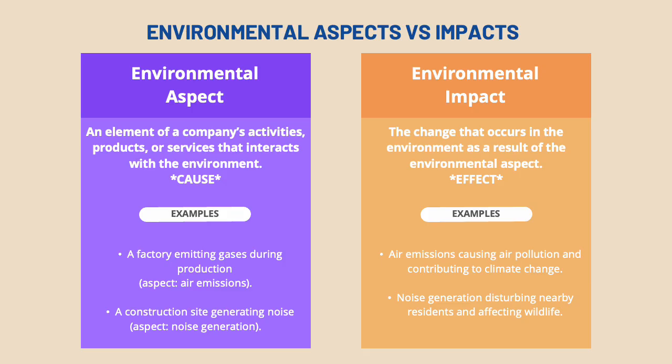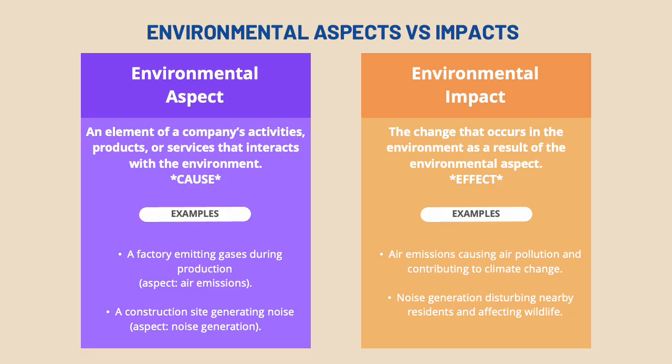So to make it clearer, you may take it that the aspect is the cause, while the impact is the effect from that cause. And why does this matter? Understanding these terms helps a company identify where they are affecting the environment and how to prioritize improvements.